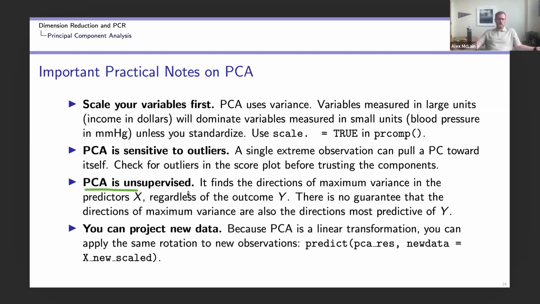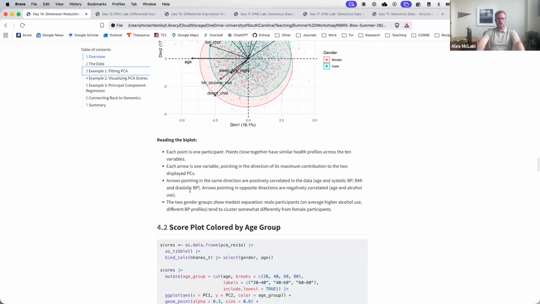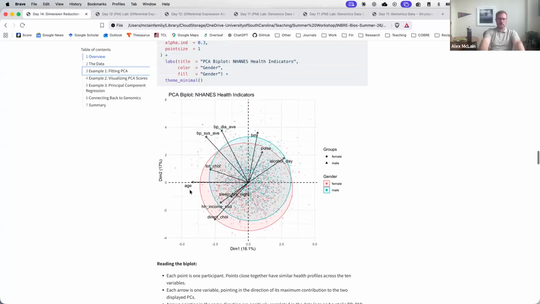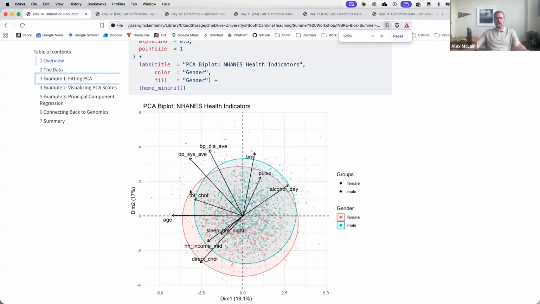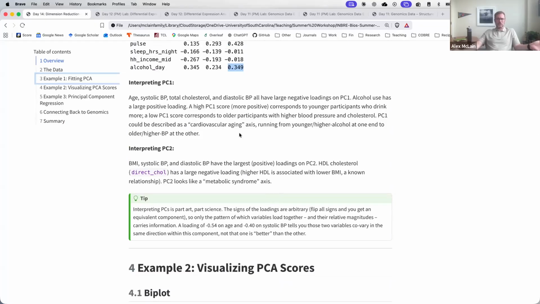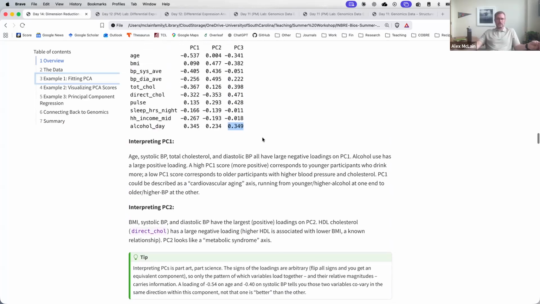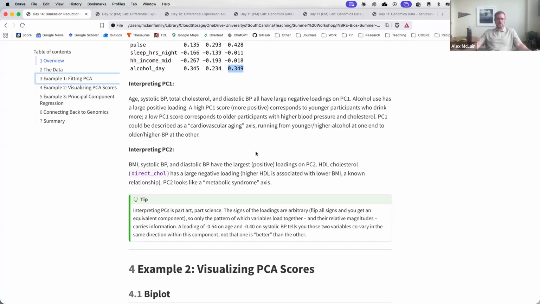PCA is unsupervised. So the principal components that we get back, they're not necessarily related to anything. And we saw this a little bit in this example. Not really great interpretations of the PCAs 1 and 2, maybe some for PCA 1, maybe some cardiovascular aging in some way related to age and alcohol and some other things.